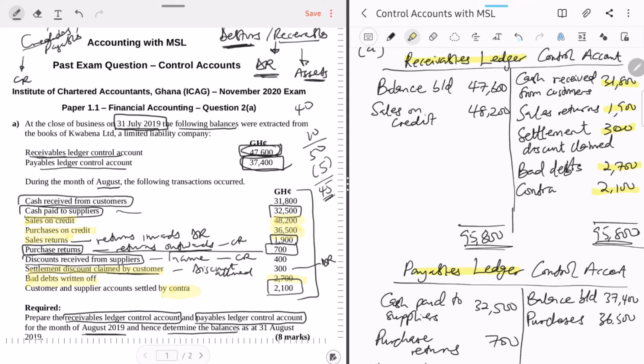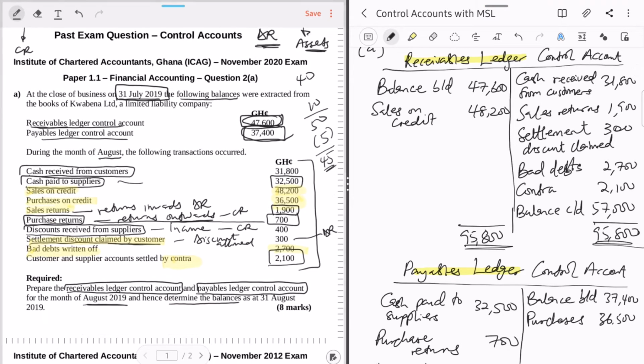Then I subtract it from my 95,800. That gives me 57,000. So I put here 57,000 and I put here, balance carried down, and I'm done. So it means the balance on the receivables ledger control account is 57,000.